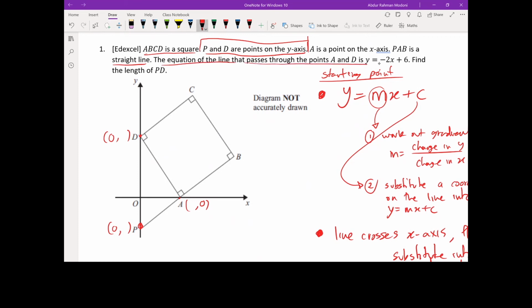So which line have they given us the equation for? Can you see that one there? So what I'll do is I'll just make a note here that this one has an equation y is equal to -2x plus 6. Just label that here. Okay, just make it clear that it is that line that I've got the equation for. At this point, is there maths to be done?